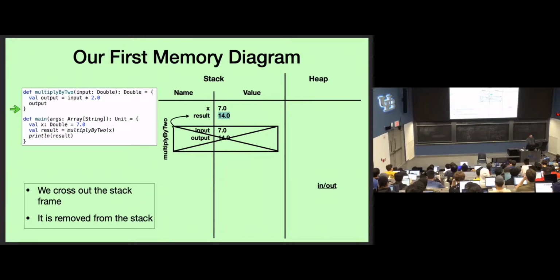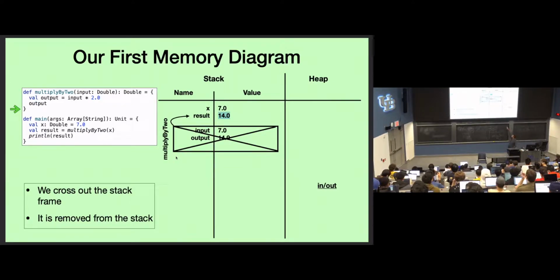14, and then we're going to cross out the stack frame. In memory, what's actually happening is input and output and that whole stack frame are being removed from the stack. They're being popped off the top of the stack, and whatever stack frame was underneath it, in this case the main stack frame, that's what's going to resume execution.